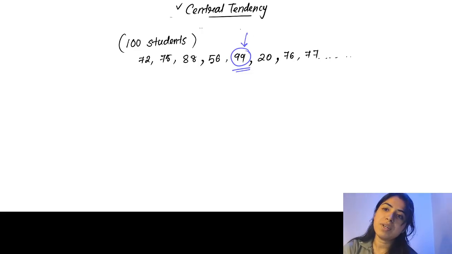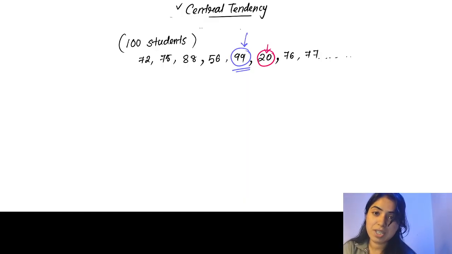Obviously, no. If you say the performance is 20, it doesn't mean everyone scored 20. It's also not true. You have to tell a value somewhere in between, which will be a better representative of the entire community, and that's the concept of central tendency.